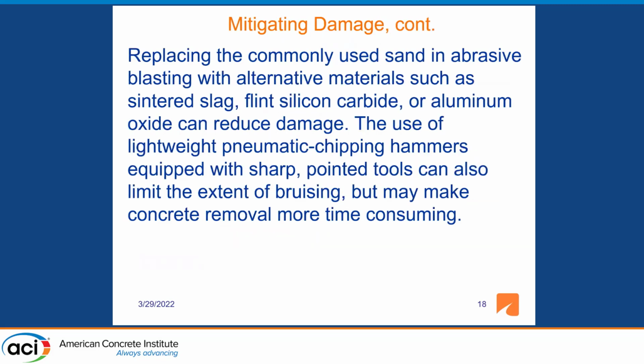Replacing commonly used sand in abrasive blasting with materials like slag, flint, carbide, or aluminum oxide can help reduce the amount of damage, help remove the damage that you've got. And of course, the use of lightweight pneumatic chipping hammers with sharp pointed tools can also limit the extent of bruising. But obviously it's going to take you longer to remove the concrete.